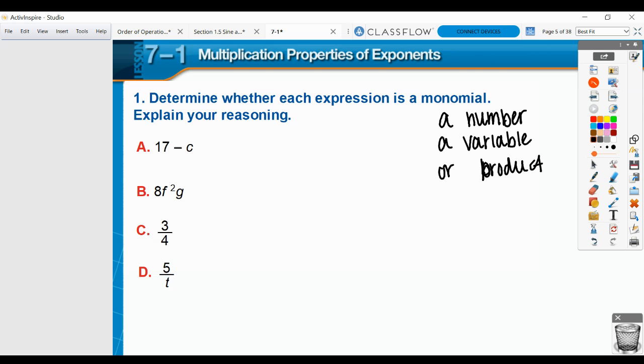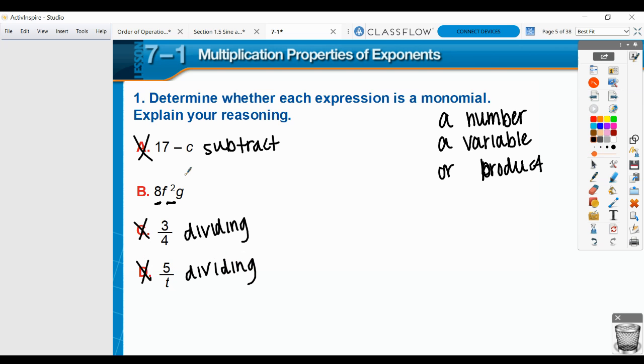So this one, you're subtracting, so it can't be that one. This one, you have a number and a variable, so that's possible. This one, you are dividing, so it can't be that one. In D, you are also dividing, so it can't be that one. So B has to be the answer.